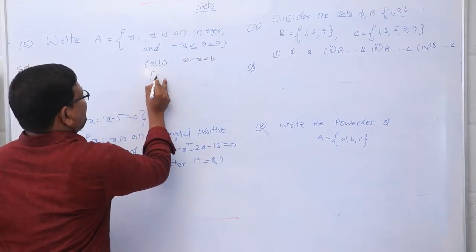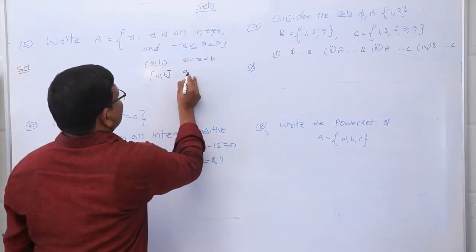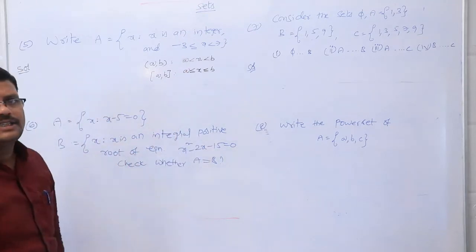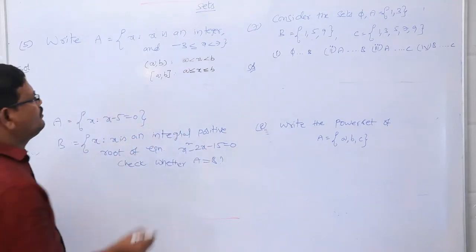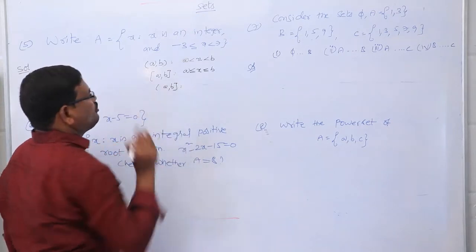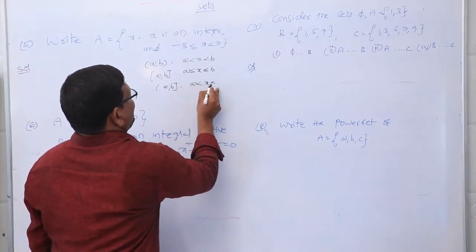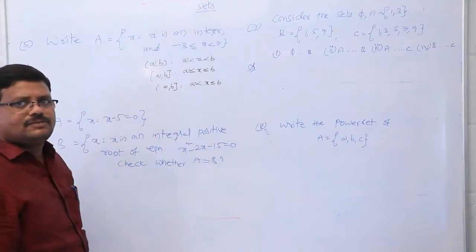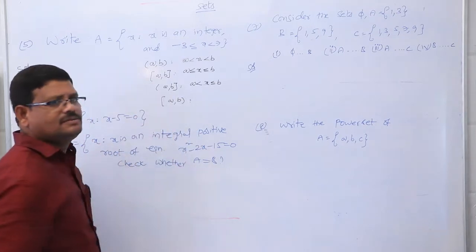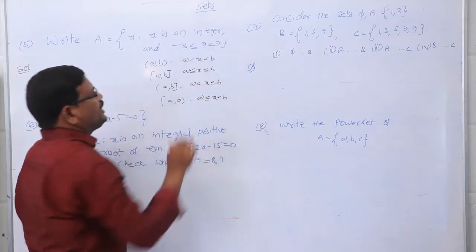The closed interval of a comma b is defined as: if a is less than or equal to x is less than or equal to b, that is called a closed interval. Left open, right closed is a is less than x is less than or equal to b. Left closed, right open is a is less than or equal to x is less than b.